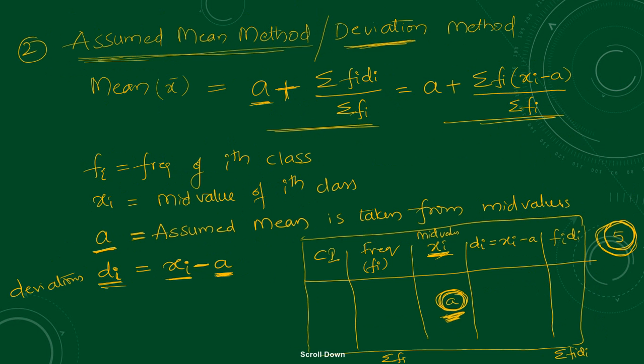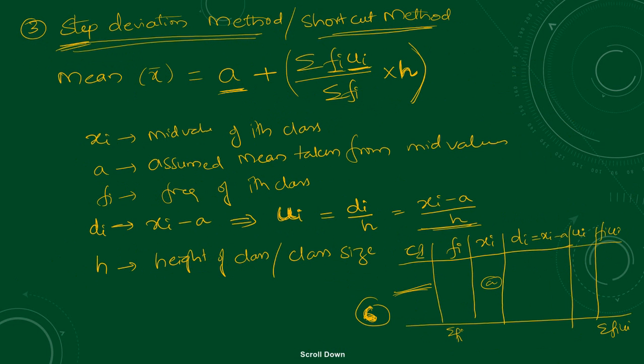So 4 columns. Next, for the assumed mean method, you are going to have 5 columns. In the step deviation method, you are going to have 6 columns. These particular things you need to remember: 4, 5, 6. Mean contains 4 letters, so simply remember 4 columns. And as the method changes, you are going to have one more column added. Okay, so this is all about the brief introduction of grouped data for the mean.